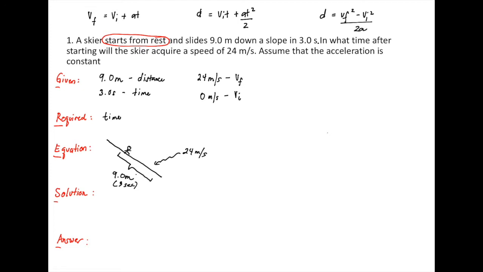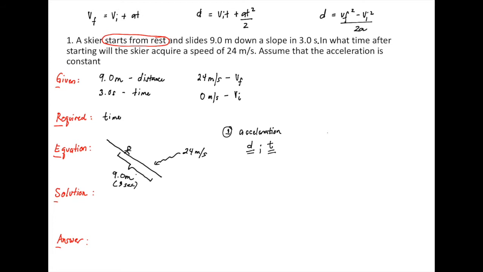So, what will be our equation? For this one, it is very useful for us to simply first find the acceleration. So, we could use these 3 formulas, but based on our given, we must have the distance, and we must also have the time.